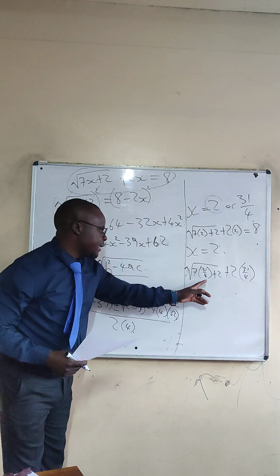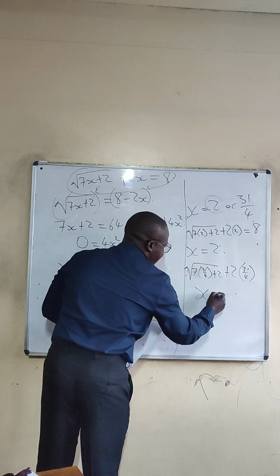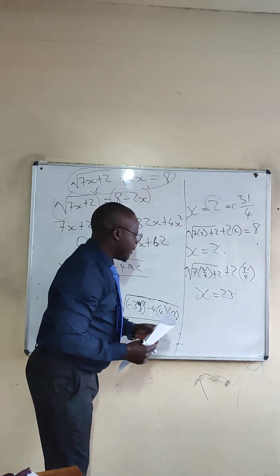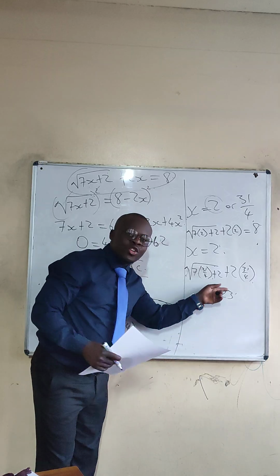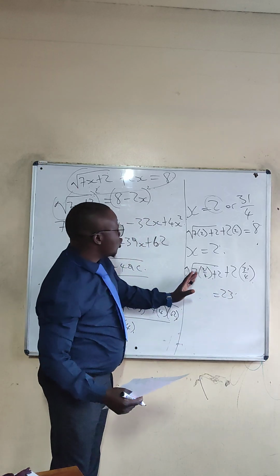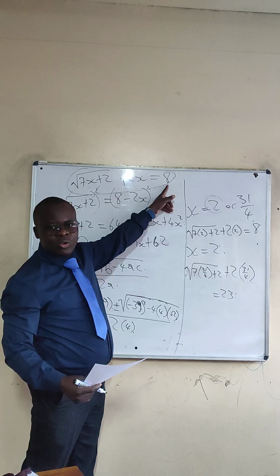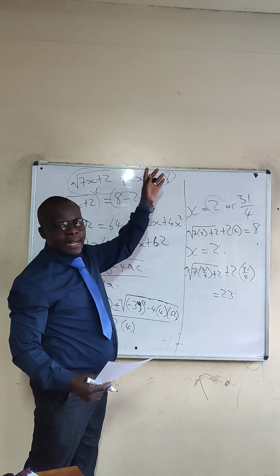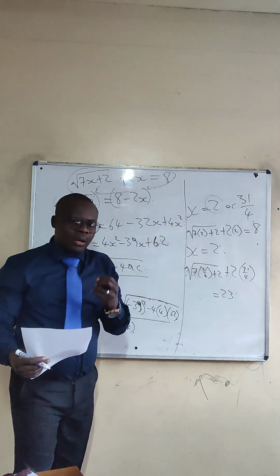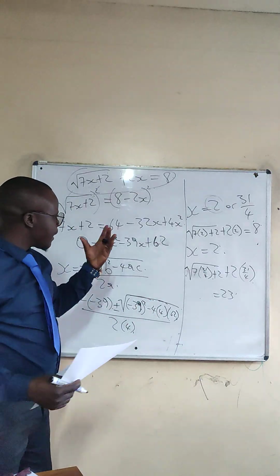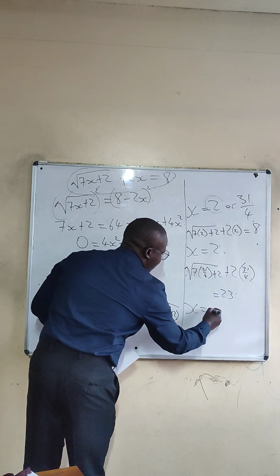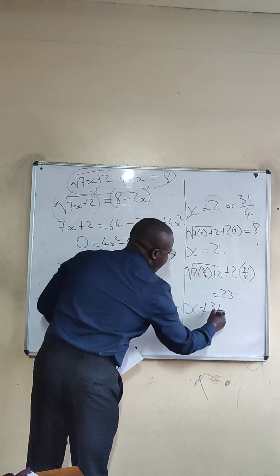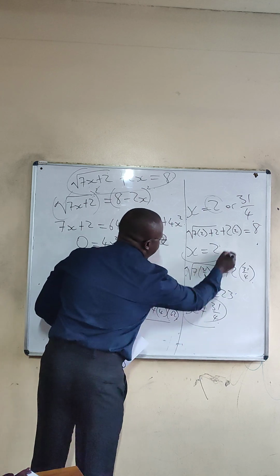Then after testing this, we realize that this whole unit became 23, which is not giving us an answer exactly equal to 8, which is on the right hand side. What are we going to do? We have to reject the value of x, which is 31 over 4. So finally, x will not be equal to 31 over 4. This is part of the answer.